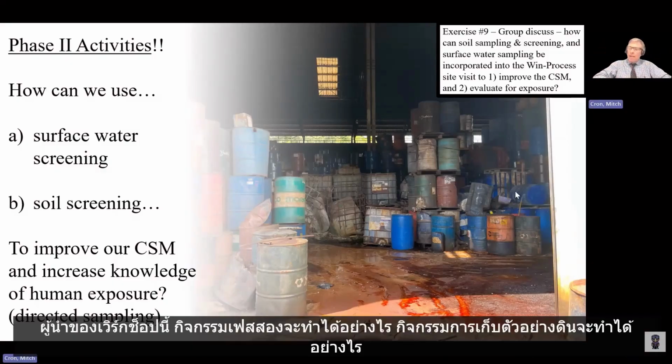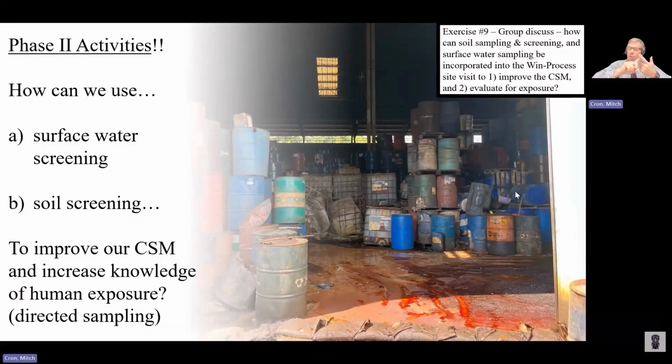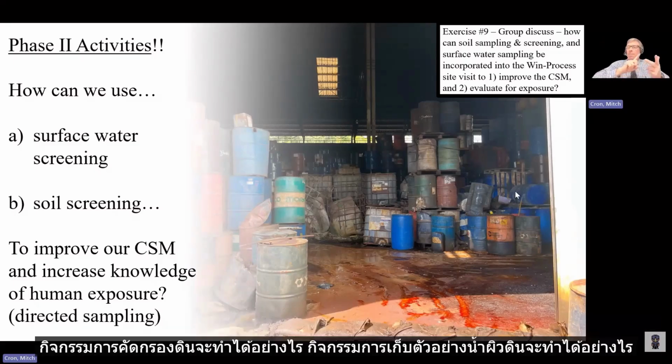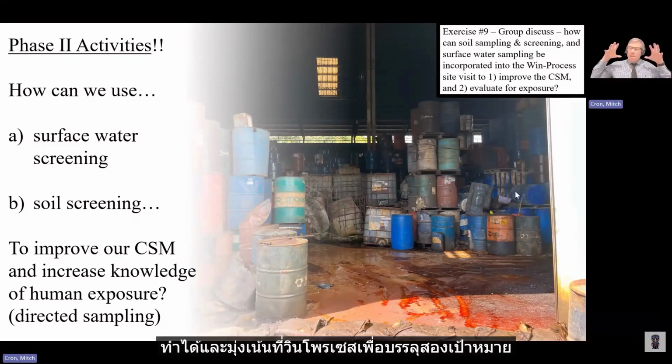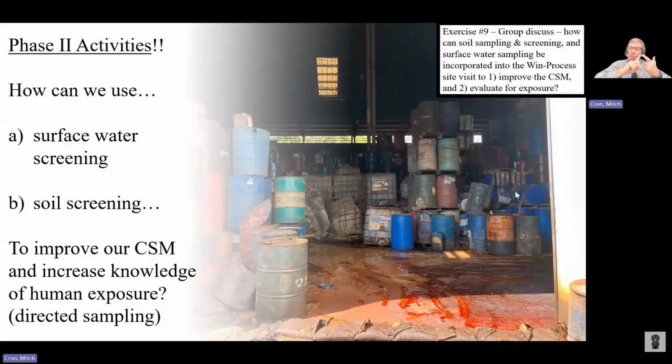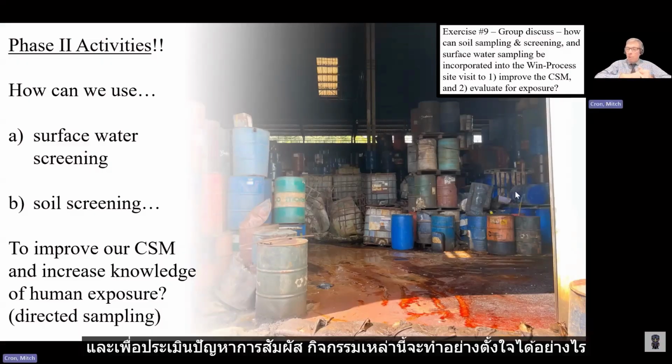How can the phase 2 activities, how can the soil sampling activities, how can the soil screening activities, how can the surface water sampling activities be performed and focused at wind process to accomplish two goals: to improve our conceptual site model and to evaluate for exposure problems?